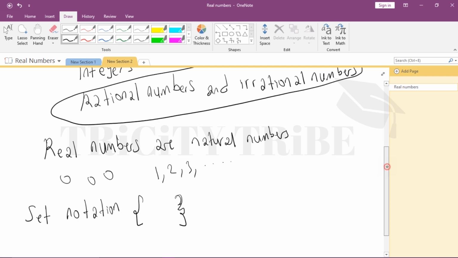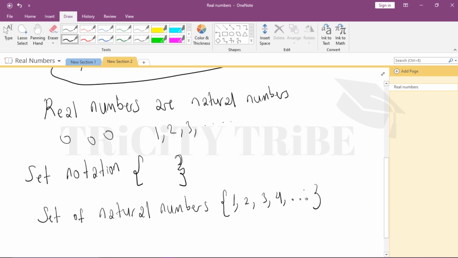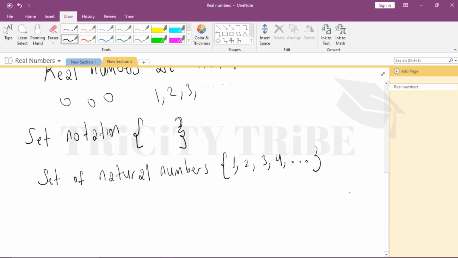So when you have a set of natural numbers, it starts from 1, 2, 3, 4, and so on. Do you understand? Observe, I didn't add 0 here. There's no 0 here, but the moment you add 0, it becomes a set of whole numbers.